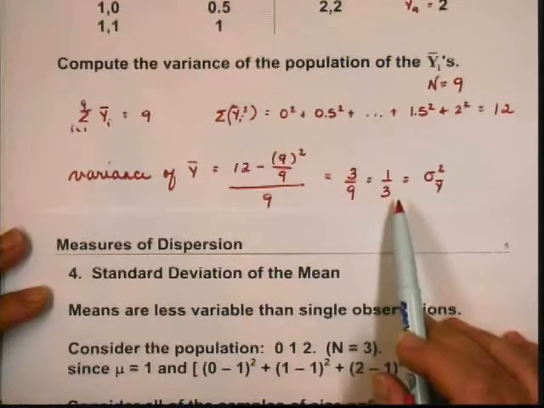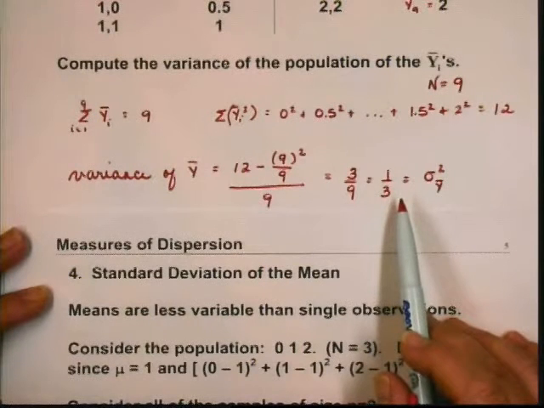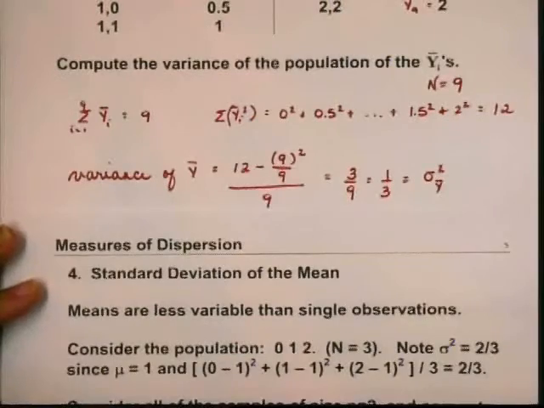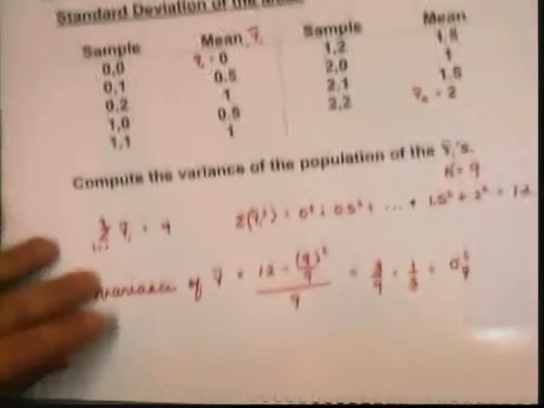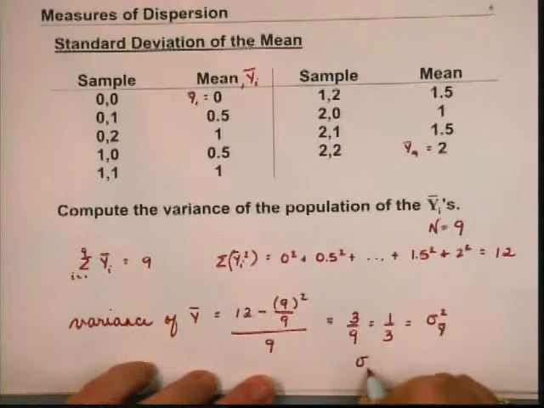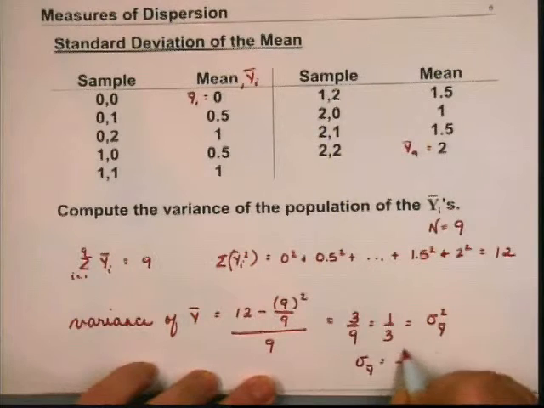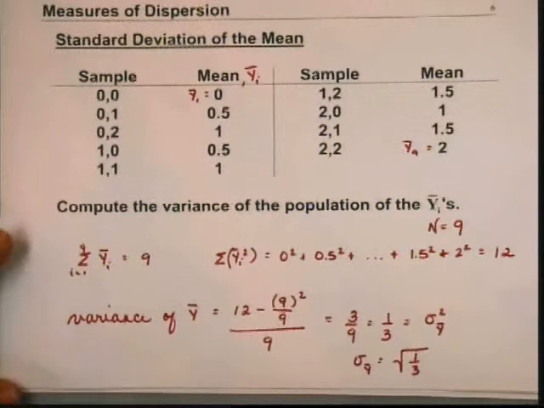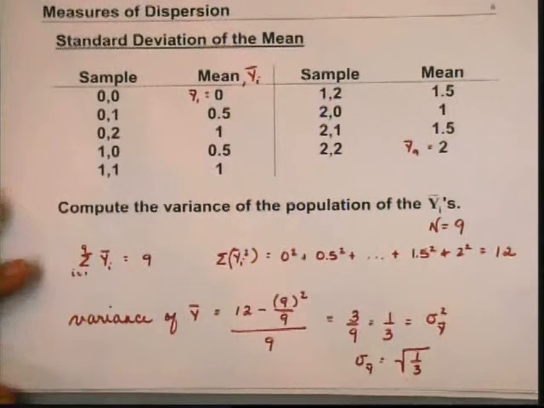The means are less variable than the data, right? We could also talk about the standard deviation of the y bars, and that would be the positive square root of 1/3. Everybody with me so far?